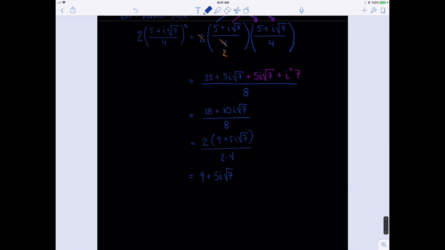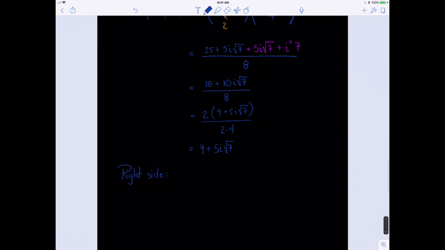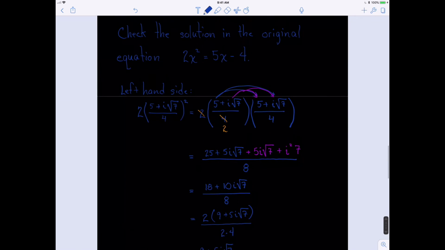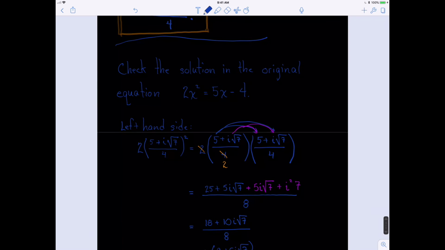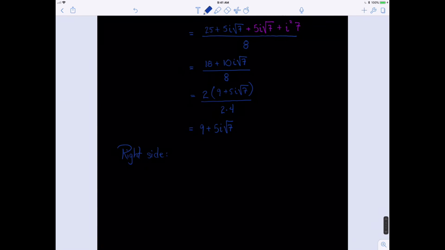Now we do the same thing for the right side. The right side is 5 times x minus 4. Here it is right here. So now we're going to go 5 times x, and x we said is 5 plus i times the square root of 7 over 4.